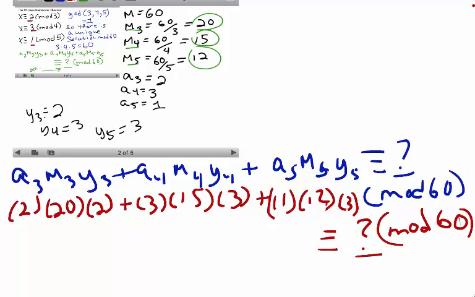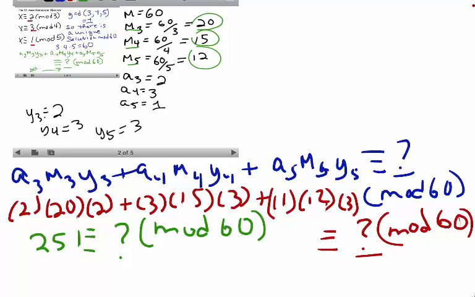Taking the product of each group and summing the products gives us 251 is congruent to some number mod 60. And ultimately, 251 is congruent to 11 mod 60.